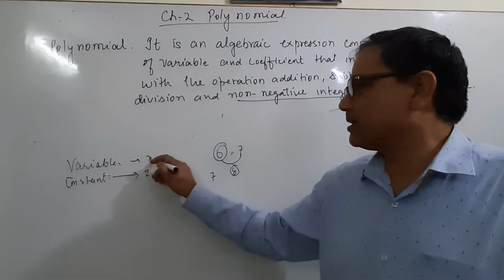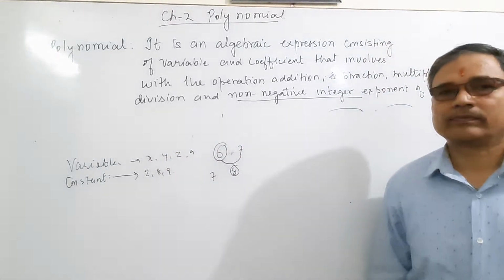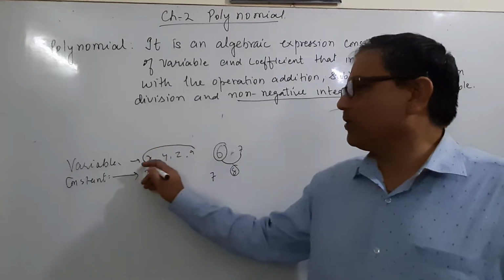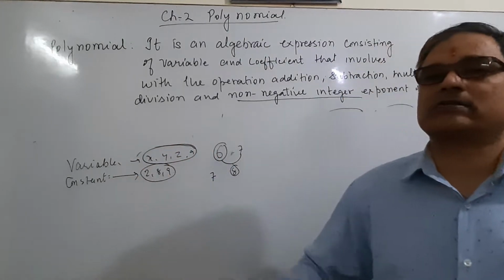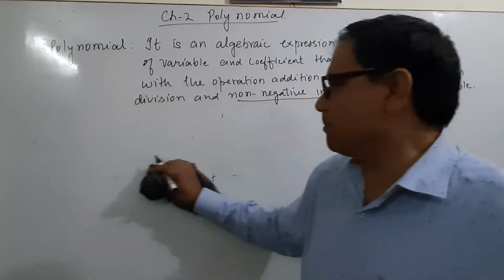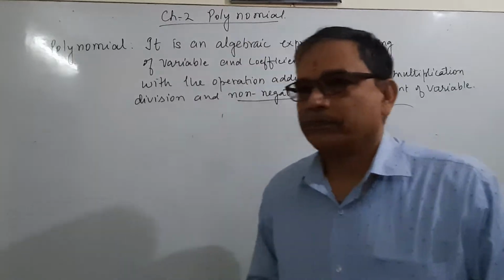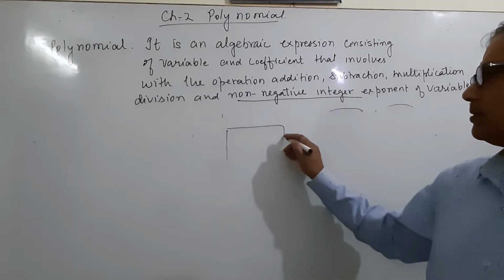Variables are like x, y, z, a. It means their value is not fixed, while known values, whose value is fixed, are constants. And having the coefficient. What is the meaning of coefficient? Before starting the coefficient, you know what this is?